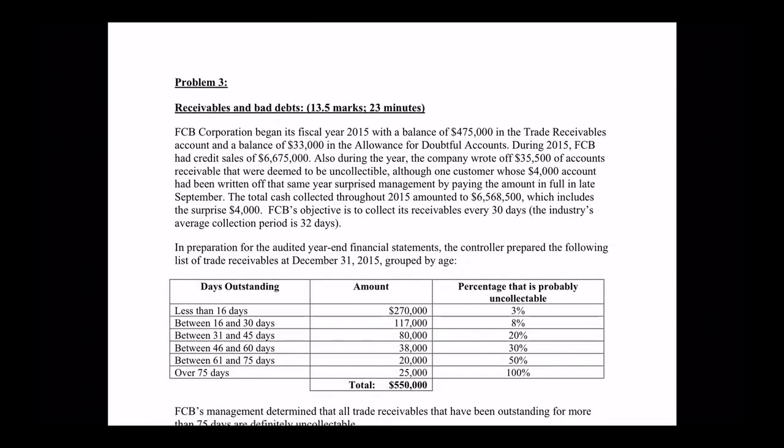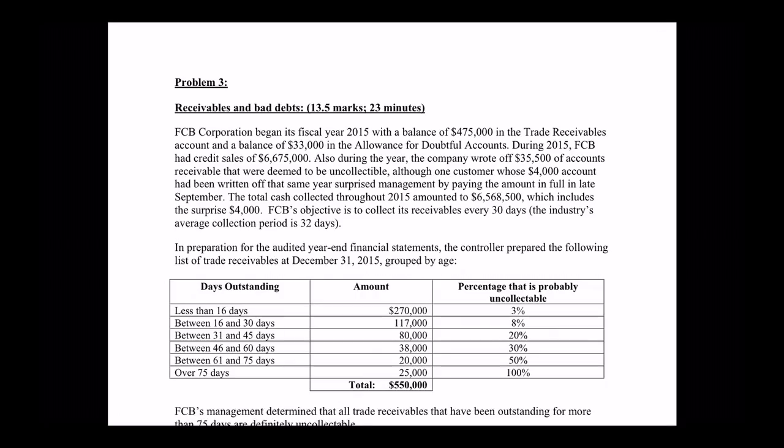FCB Corporation began its fiscal year 2015 with a balance of $475,000 in its trade receivables account and a balance of $33,000 in the allowance for doubtful accounts. During 2015, FCB had credit sales of $6,675,000. Also during the year, the company wrote off $33,500 of accounts receivable that were deemed to be uncollectible.